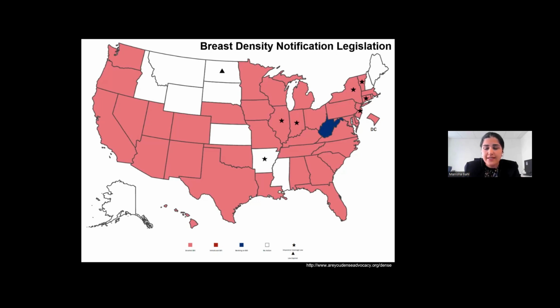The laws state by state vary considerably. Some states require only that patients be notified that their breast tissue is dense, while others specify that supplemental screening with ultrasound and/or MRI be offered. The states with the black stars are the only ones that mandate insurance coverage of supplemental screening.